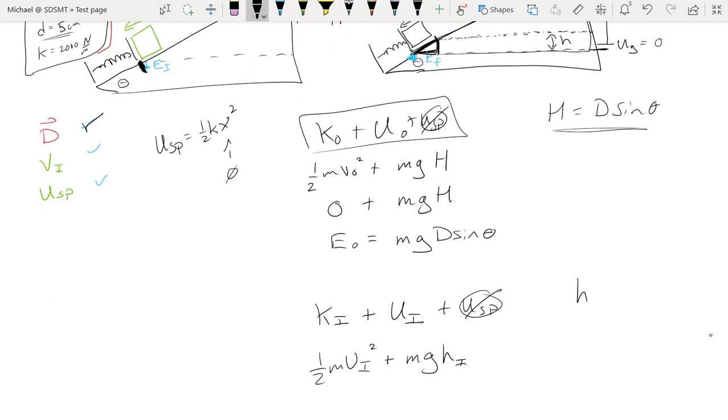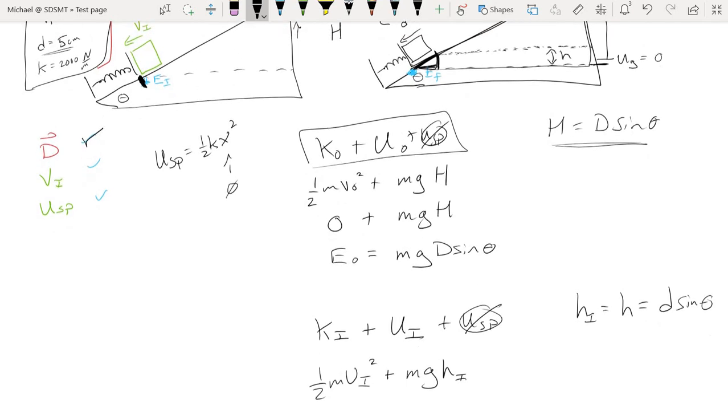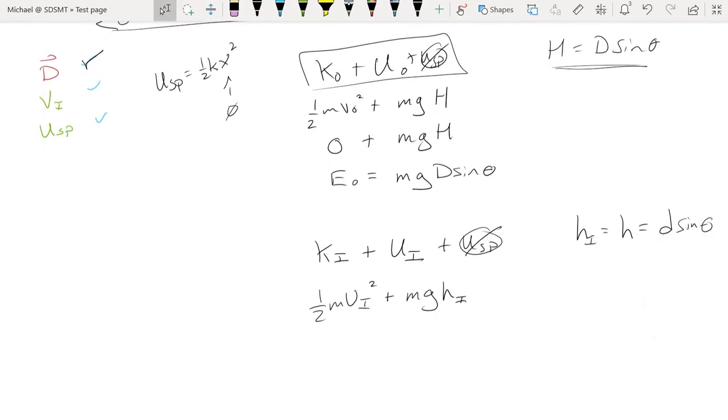And so the height at the impact site, h, just ends up being the compression distance, little d, times sine theta. So there's the energy at the impact site.